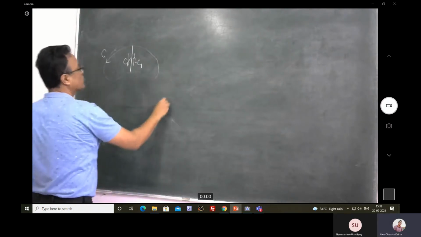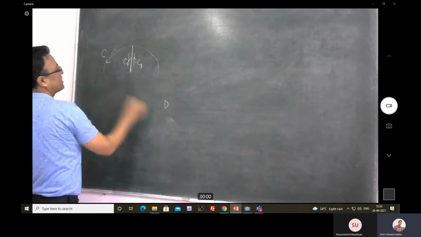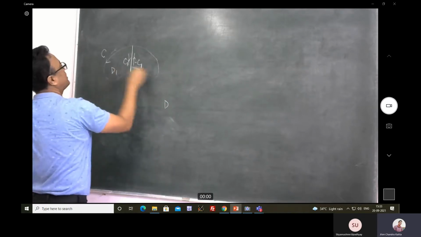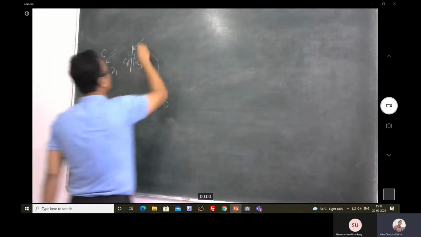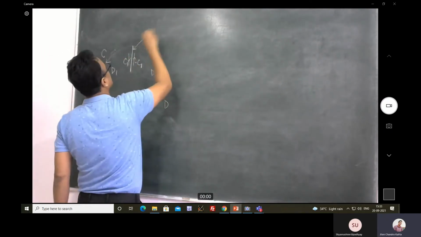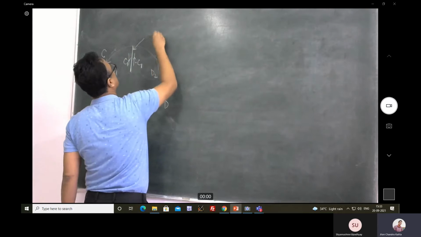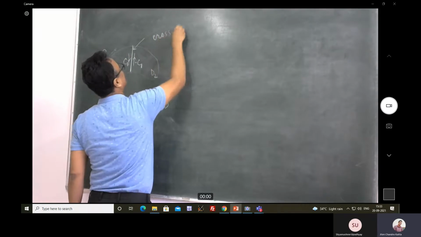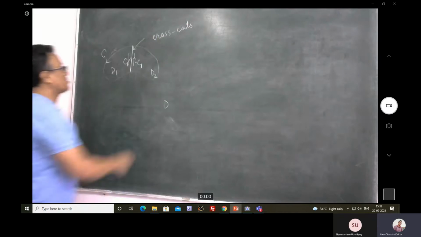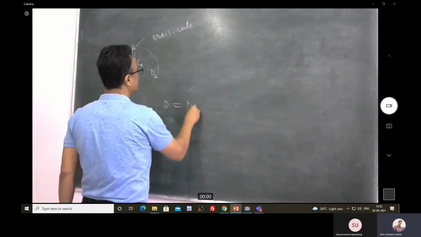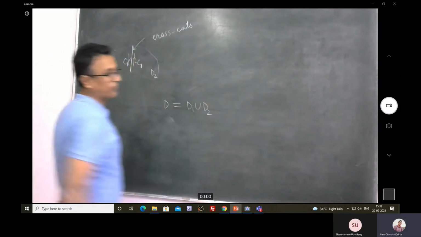Suppose my original region was D, and through the introduction of this vertical line, such lines or curves are called crosscuts. Then your D is going to be the union of D1 and D2.